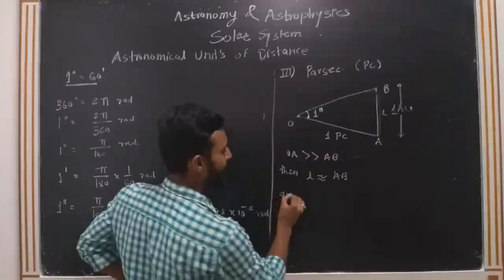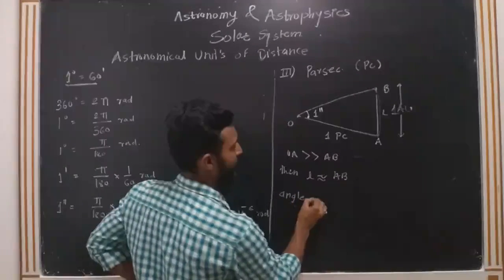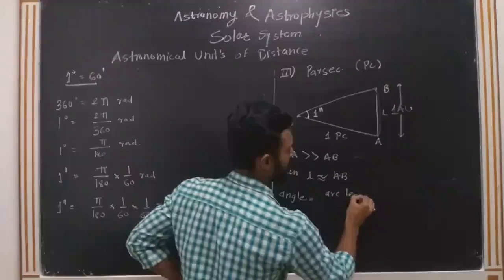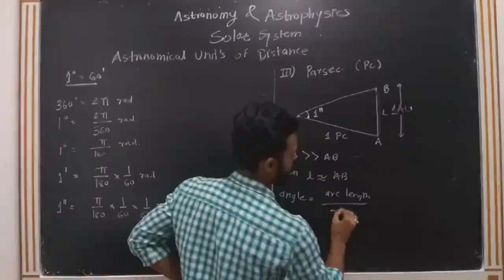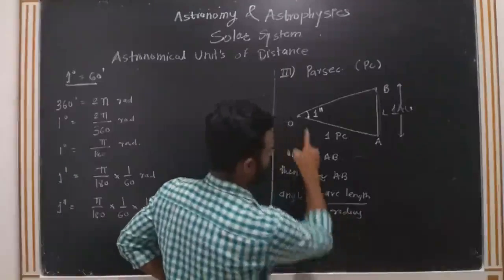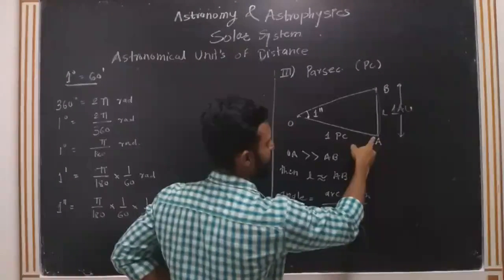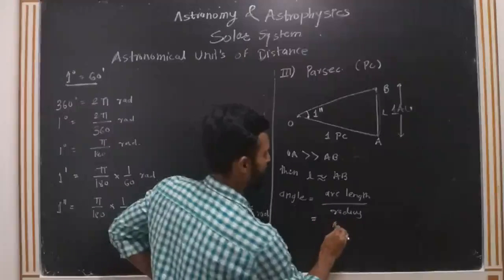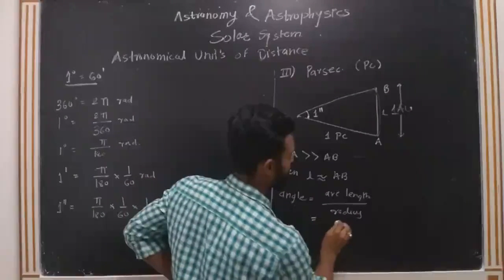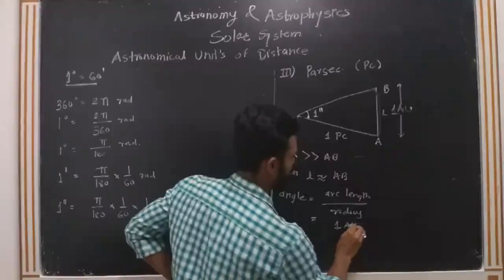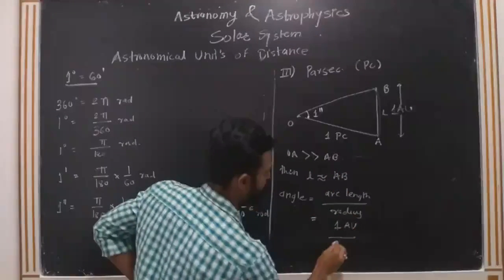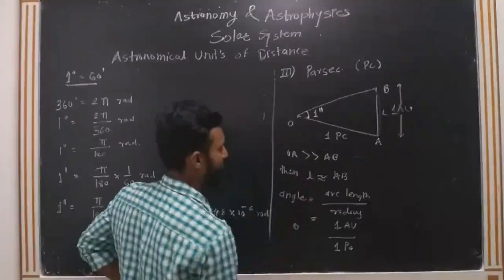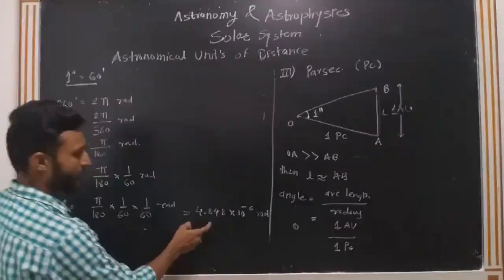The angle is equal to arc length upon radius. So the arc length is AB, which is 1 astronomical unit, upon the radius, which is 1 PC, and this is the angle theta, or 1 arc second.